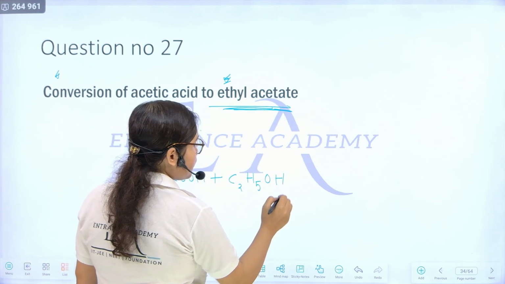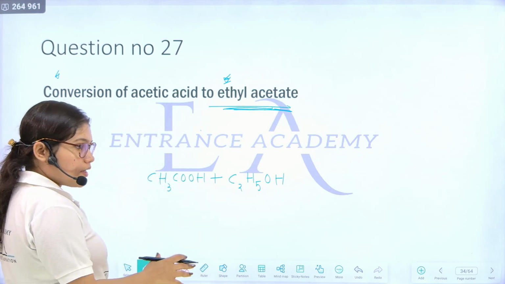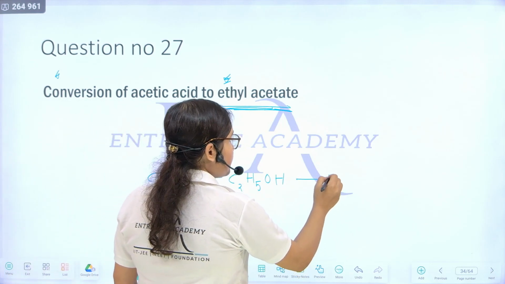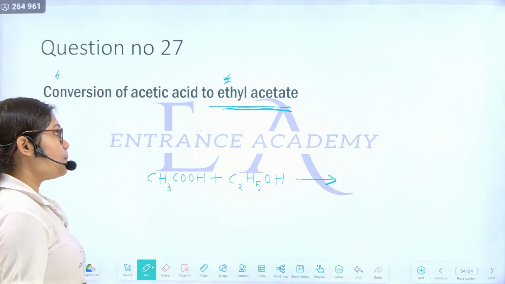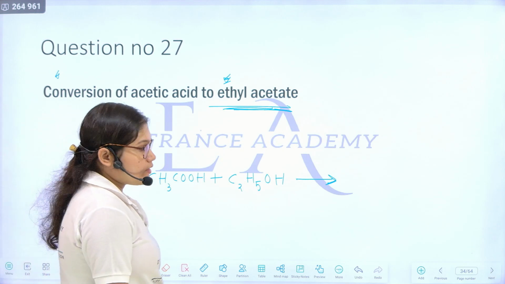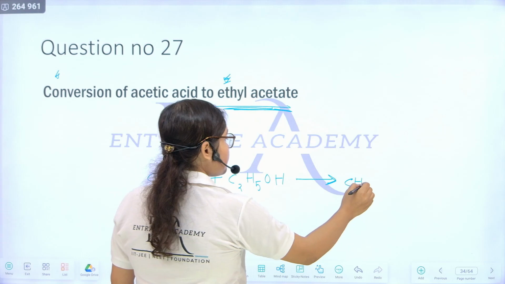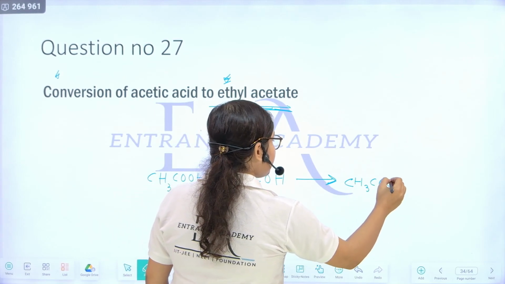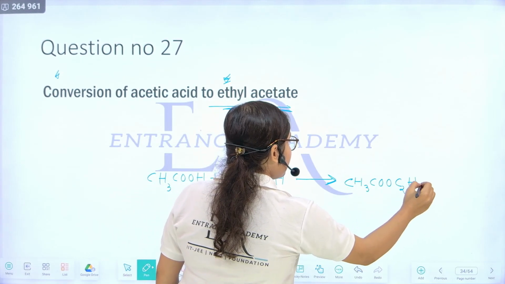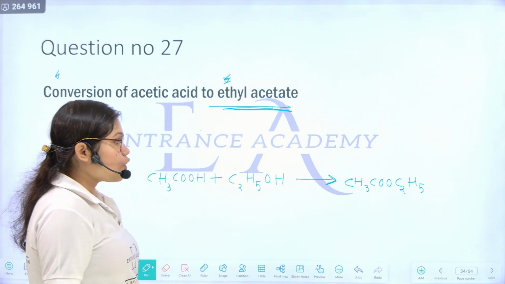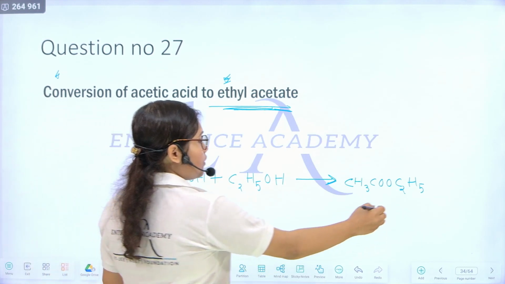When ethyl alcohol combines with acetic acid, it gives the most important product, that is ethyl acetate or ester. This is ethyl acetate or ester plus water.